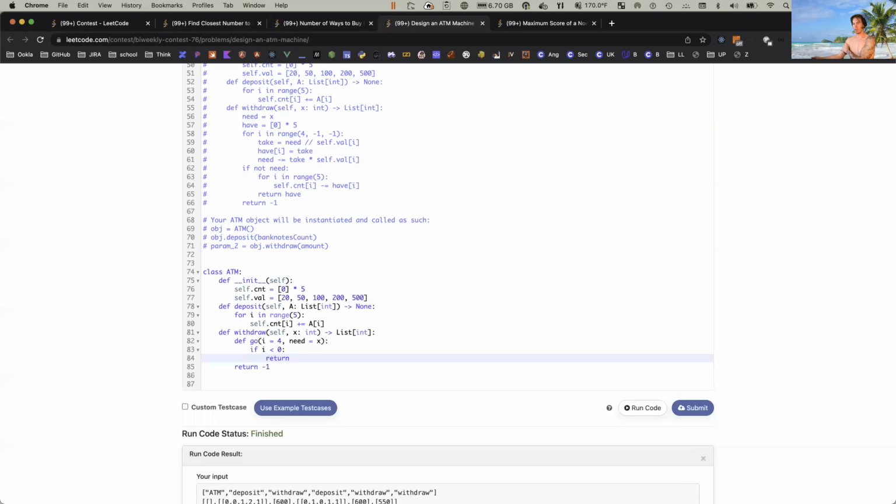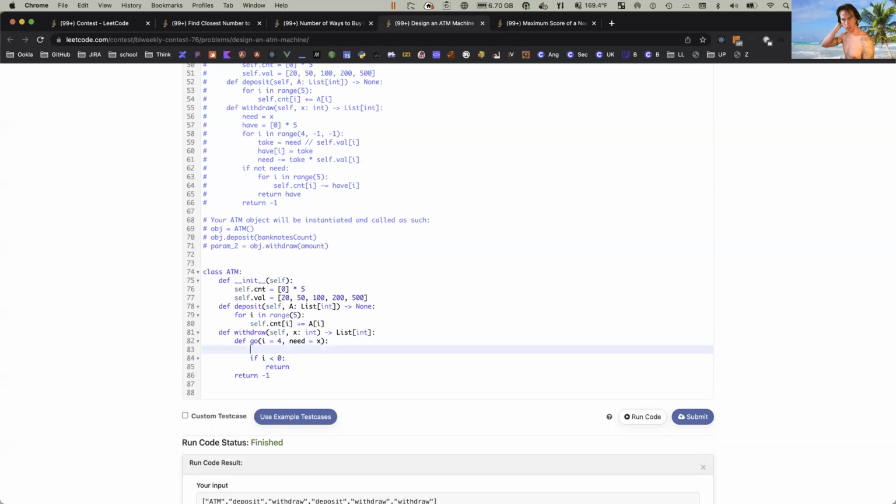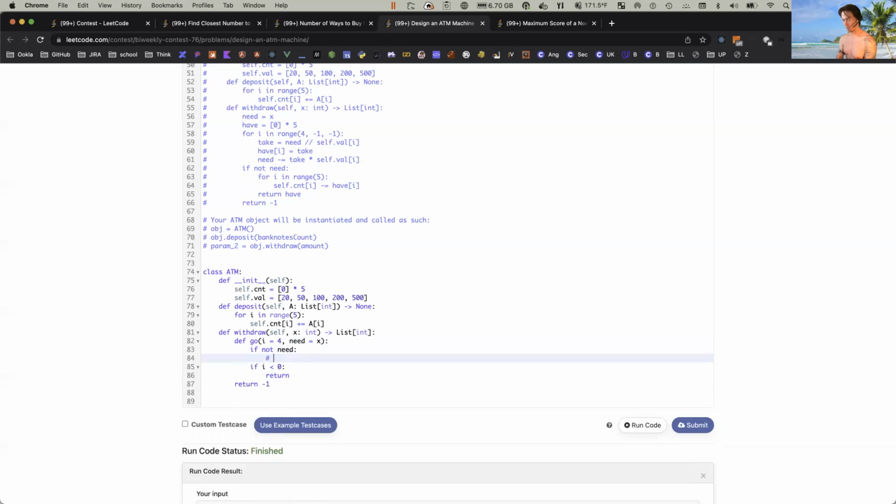Okay, so what will the recursive function return then? If there's no need, then it's okay. If not need, this is where we can take and return. Otherwise, do DFS with BT.